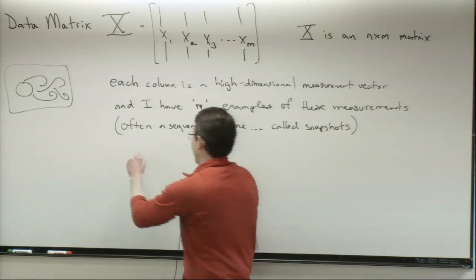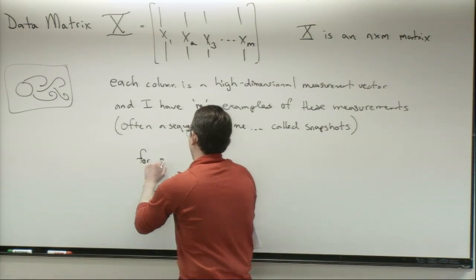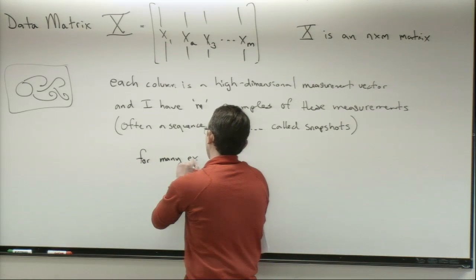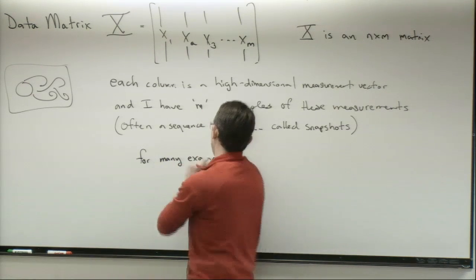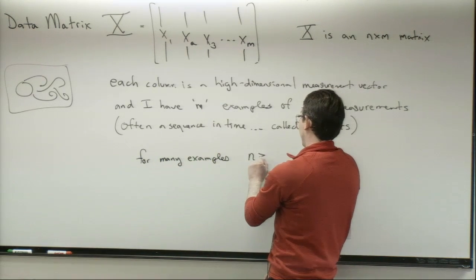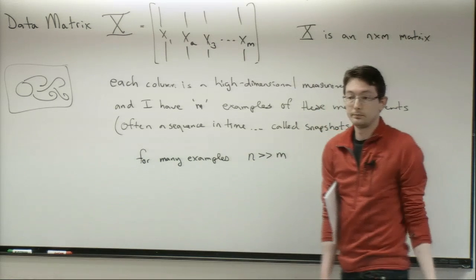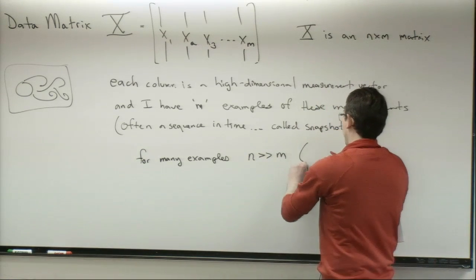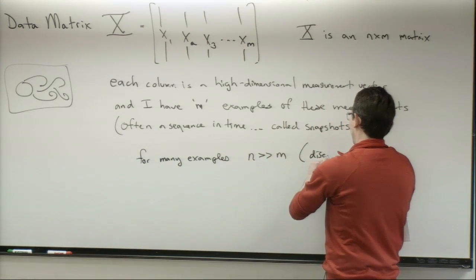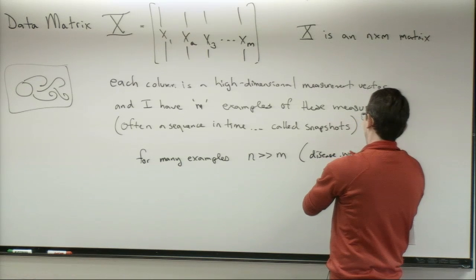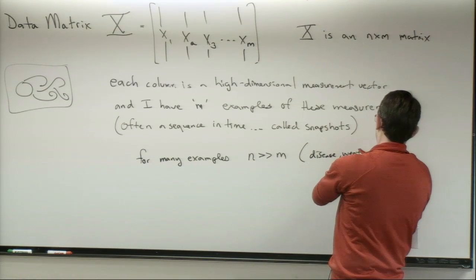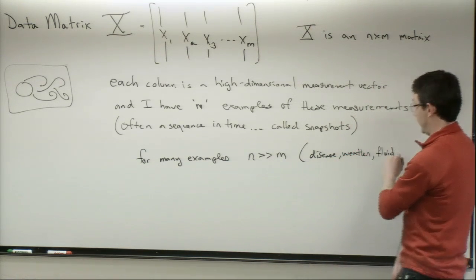So for many examples, n is a lot bigger than m. Examples of that would be disease modeling, weather, fluid modeling, and so on and so forth.